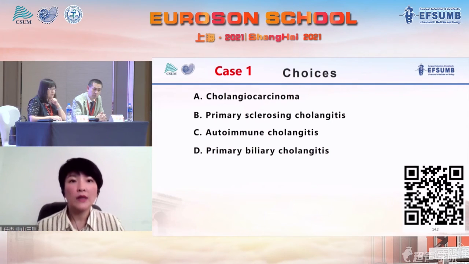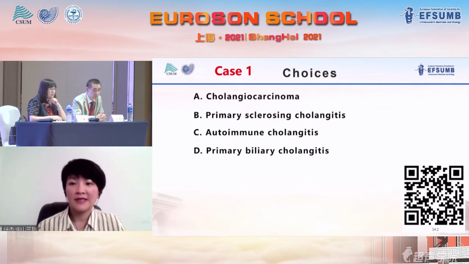So, what's your diagnosis of this case? Please scan this QR code and tell me the answer.